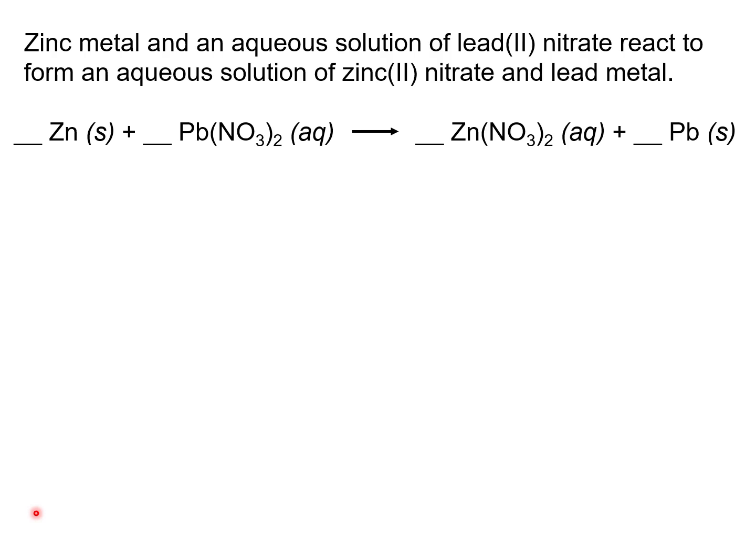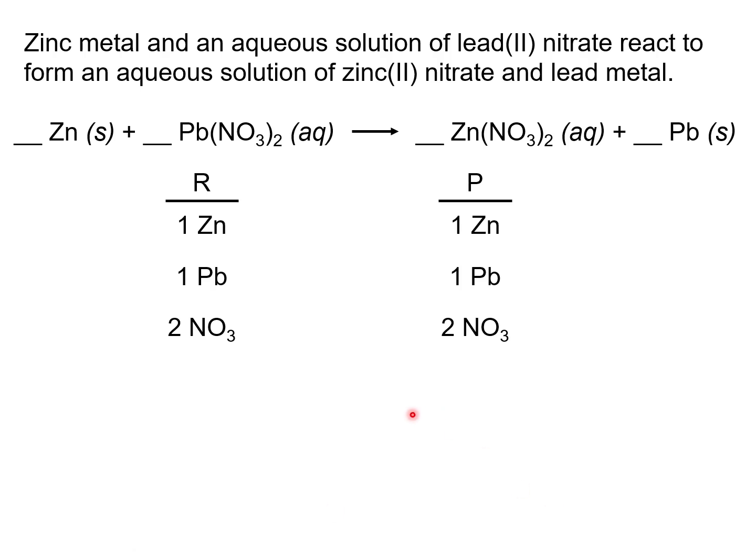So now we're going to use our tally and set up the tally on the other side. Now, one of the tricks is that if you see that you have a polyatomic ion, and we know we do because it's in parentheses, you look at the other side and see if you still have that polyatomic ion. You can simplify the balancing if you just keep the polyatomic ion together.